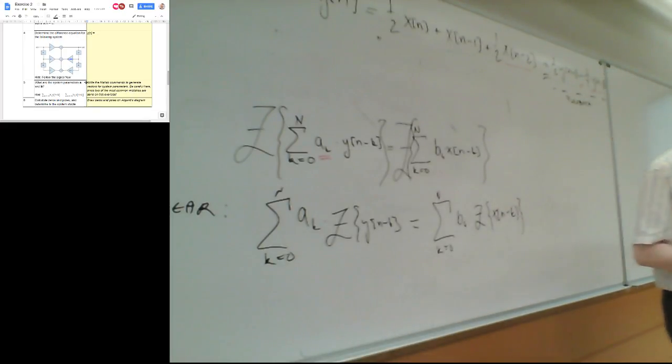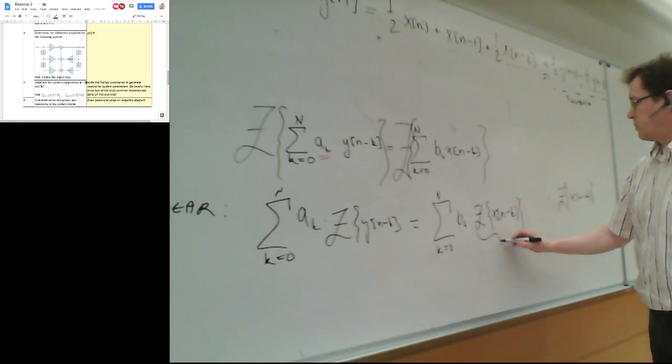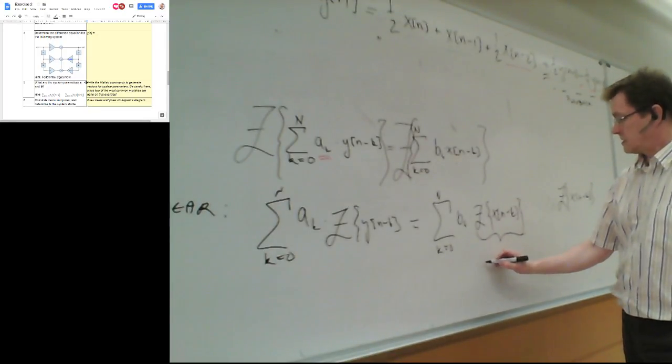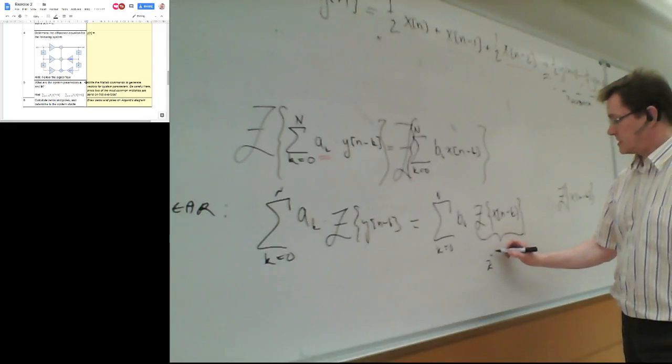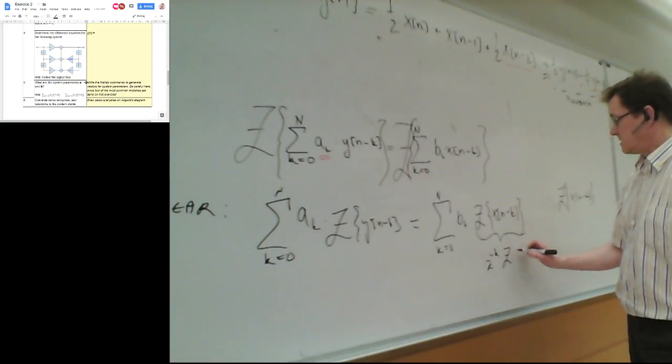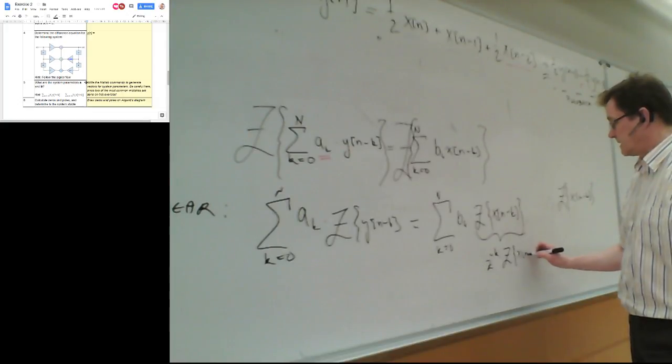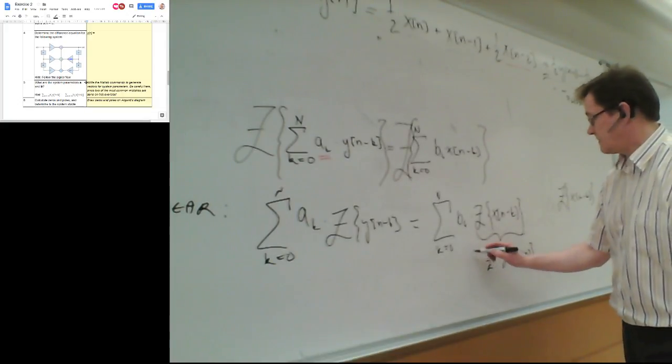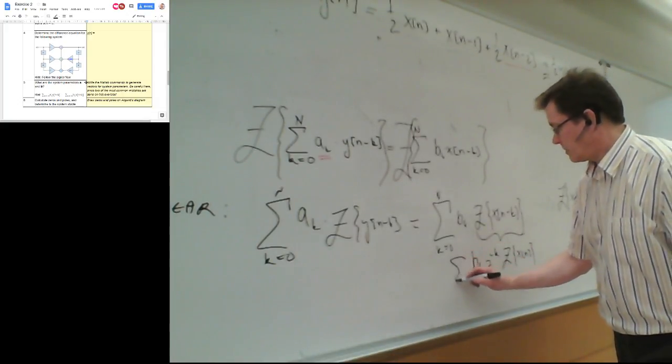Then we use the mathematicians' invention about z to anything n minus k. This part will be just z to the minus k times the Z transform of x of n. So that's the time shift operation.